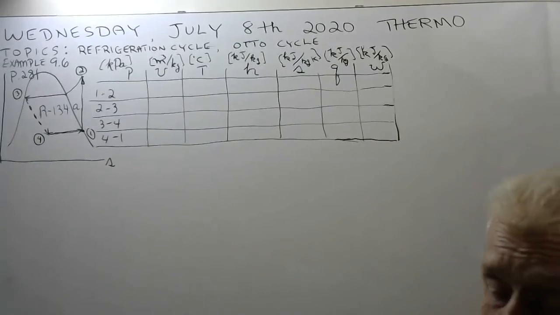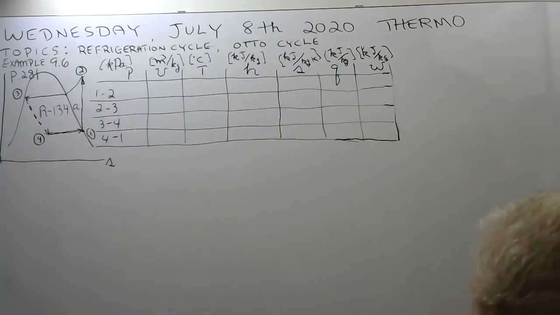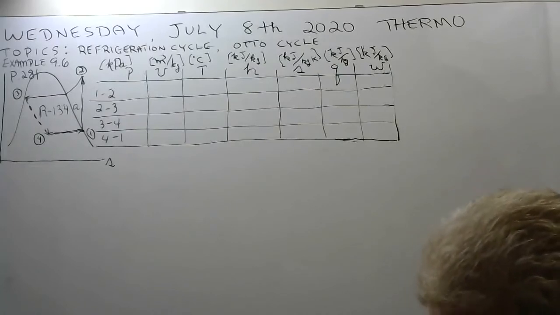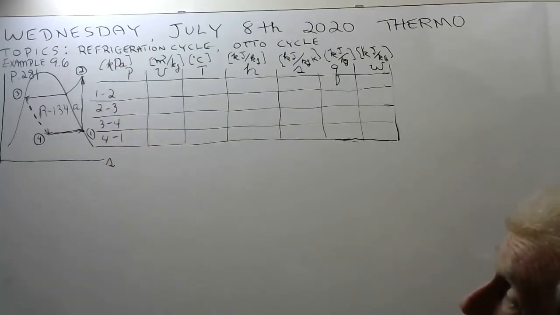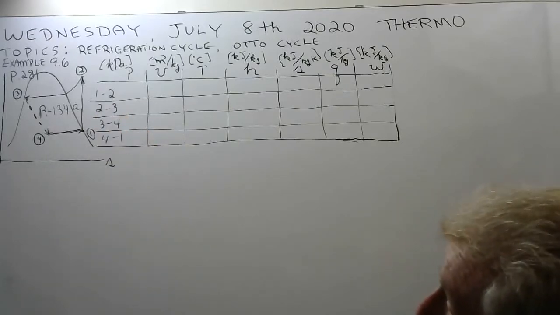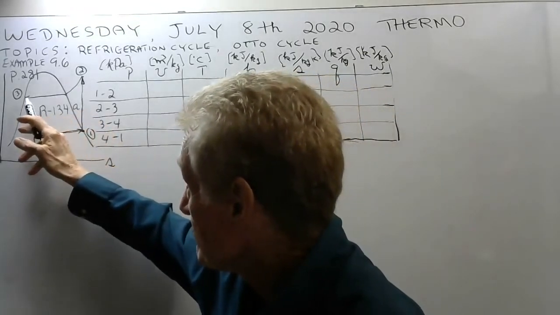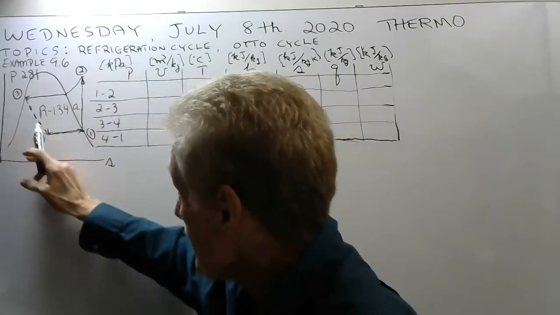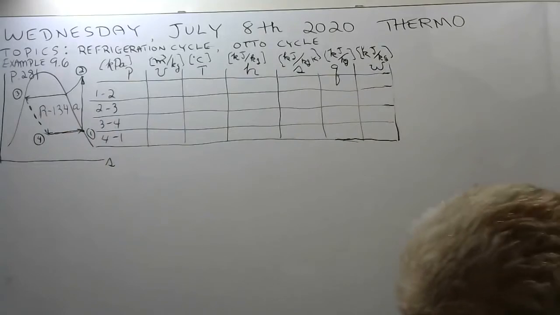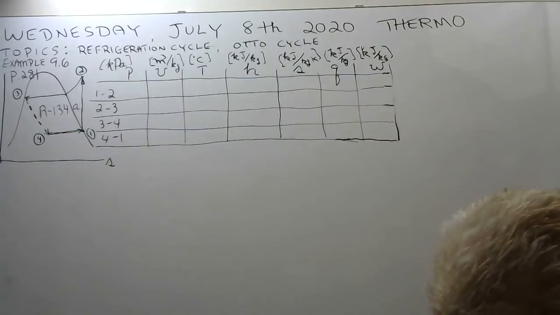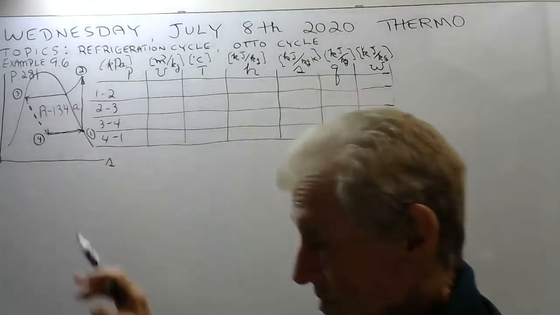The refrigeration cycle has a compressor from 1 to 2, a condenser from 2 to 3. From 2 to 3 is the condenser. 3 to 4 is the expansion valve, which is a throttling process. And 4 to 1 is the evaporator.